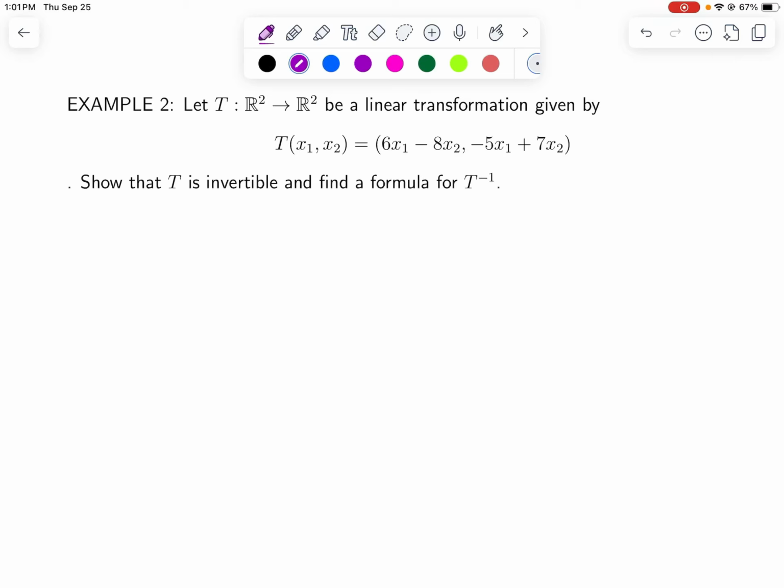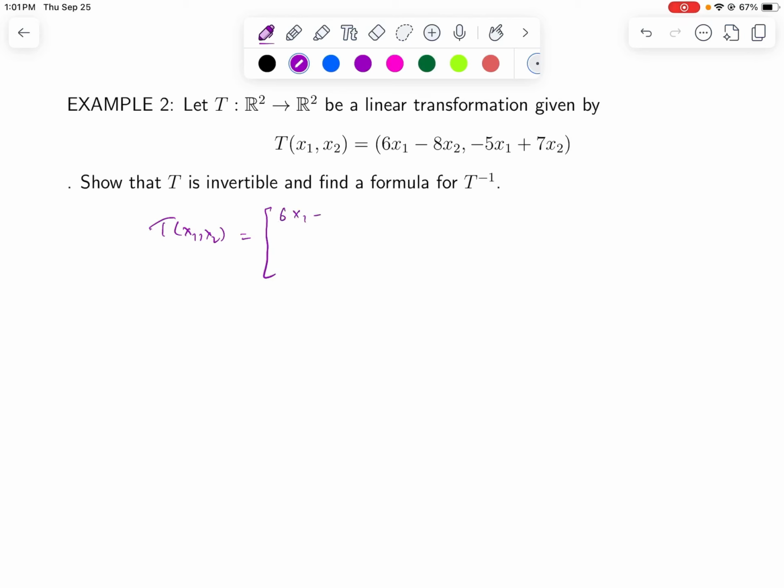So now we have dealt with some transformations before, but now it's asking us to check whether T is invertible or not, and if it is, then we have to find a formula for the inverse transformation.